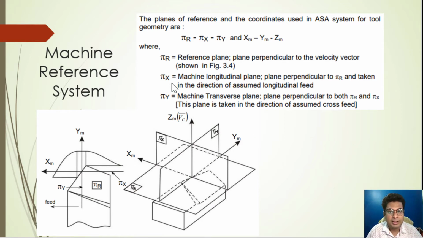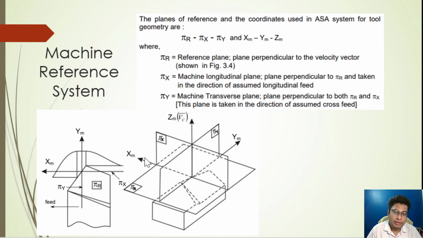Now comes pi x, the machine longitudinal plane: the plane perpendicular to pi r and taken in the direction of assumed longitudinal feed. In this direction the longitudinal feed is given to perform, let's suppose, the turning operation.